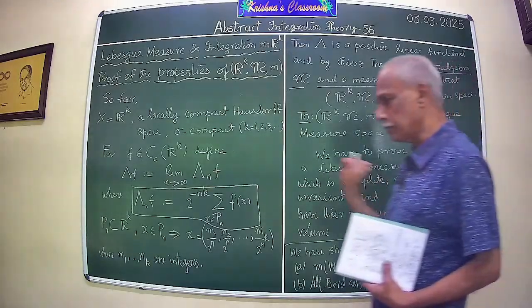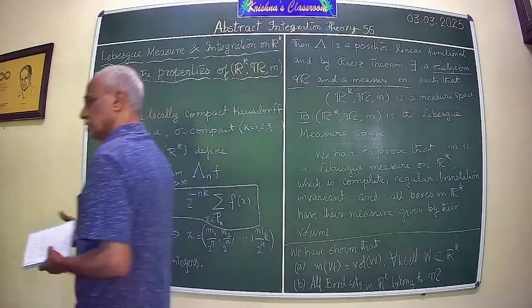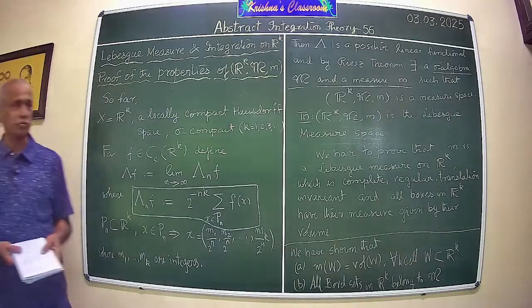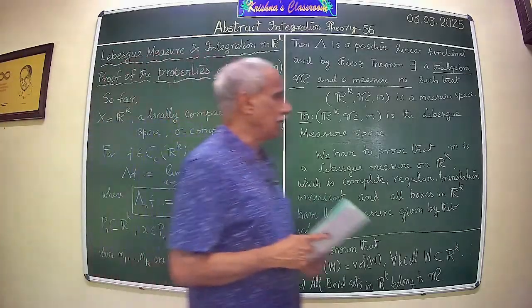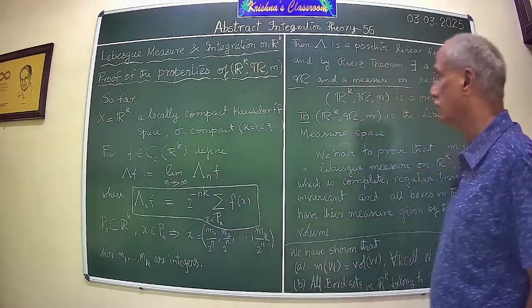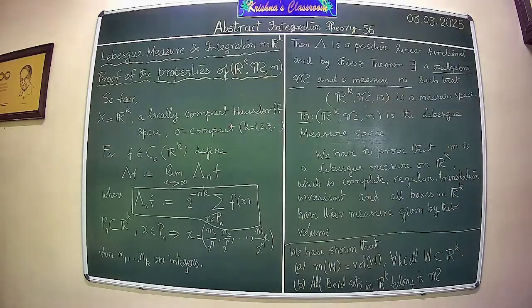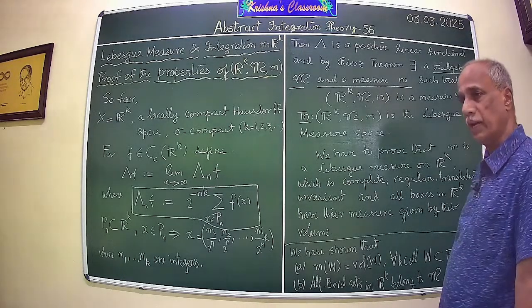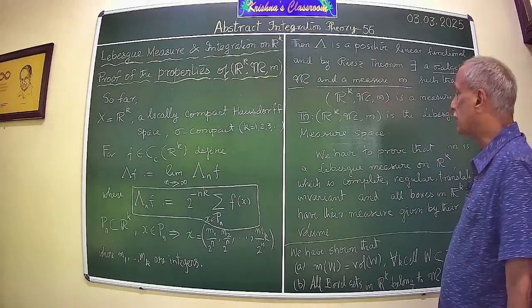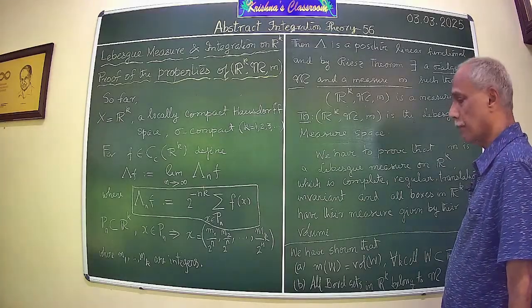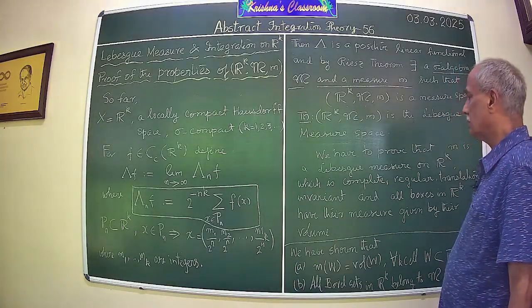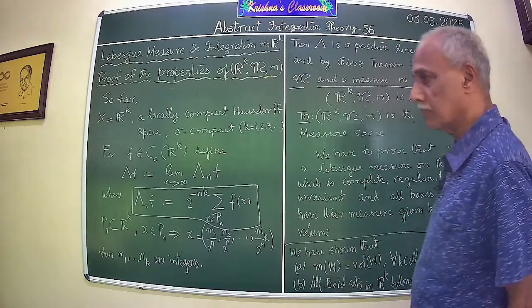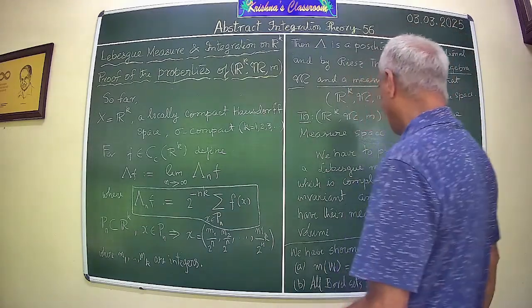Now, what we are exploring is the properties of this space, and this happens to be the so-called Lebesgue measure space. In particular, for k equal to 1, this gives the Lebesgue measure on R, which we have developed with a lot of effort all along.